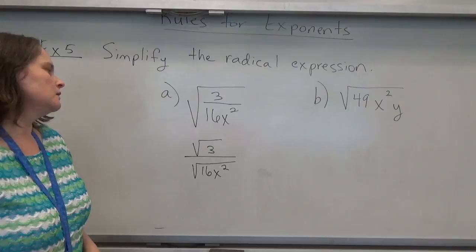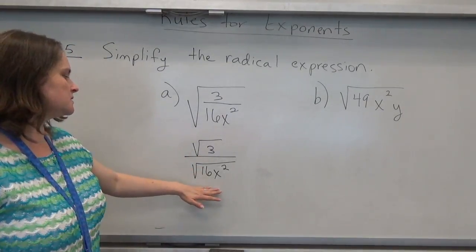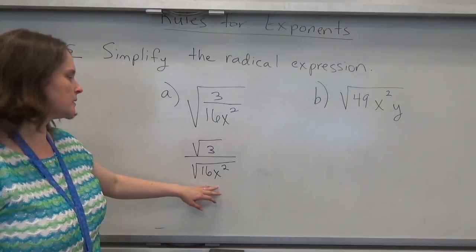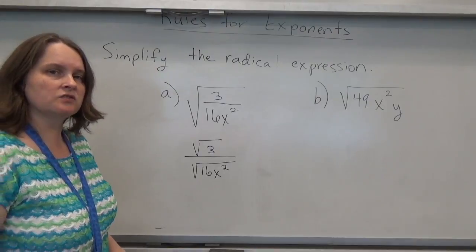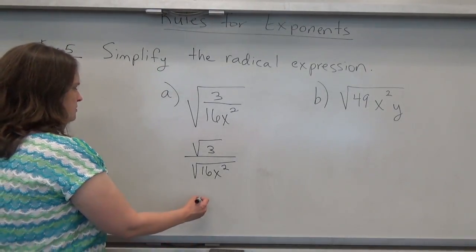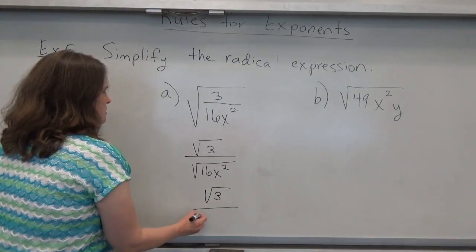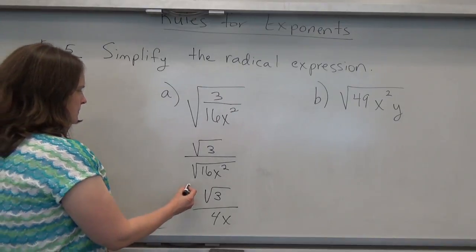There's nothing I can do to simplify the square root of 3. But in the denominator, I can simplify this radical because I have perfect squares inside. I know that the square root of 16 is 4, and the square root of x squared is x. So we've got the square root of 3 over 4x. And that is our answer for this one.